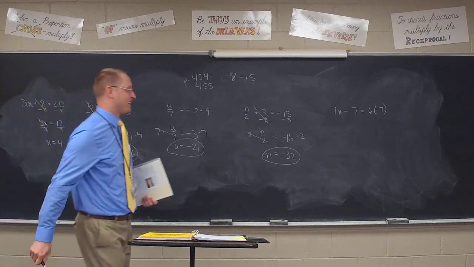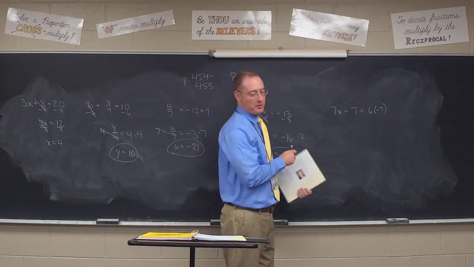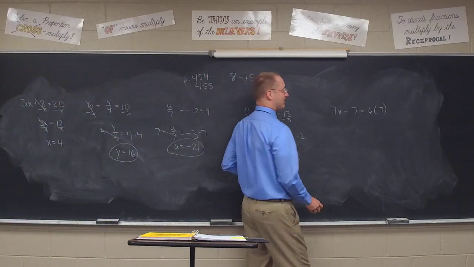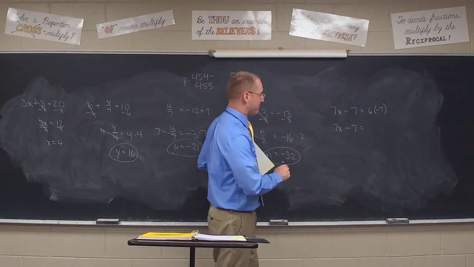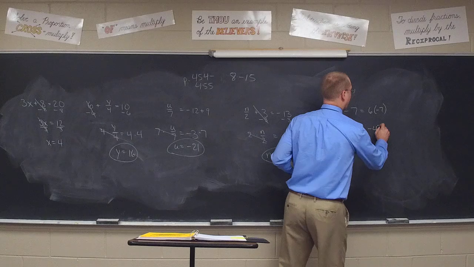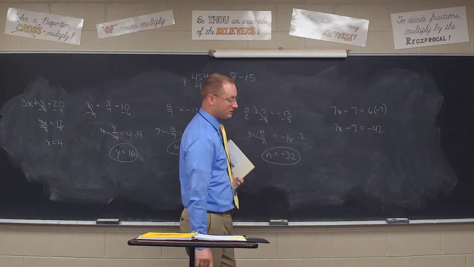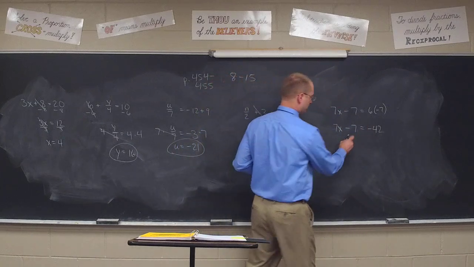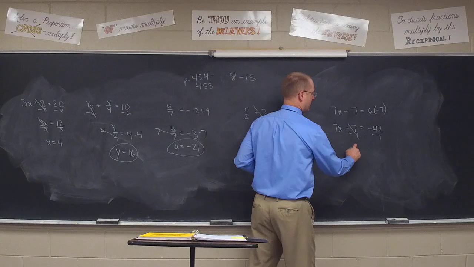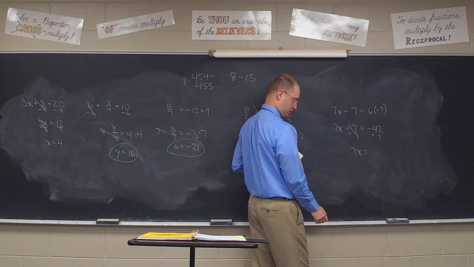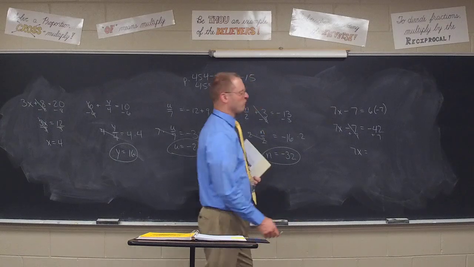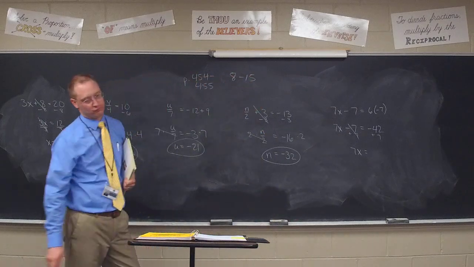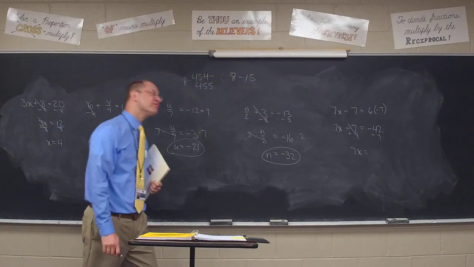Corey, look at the next one. This is number 12. Now, what do we need to do? Multiply the 6 times the -7, and we get -42. All right, now what? Now you gotta put a +7 on both sides to get 7x equals 35. -35.